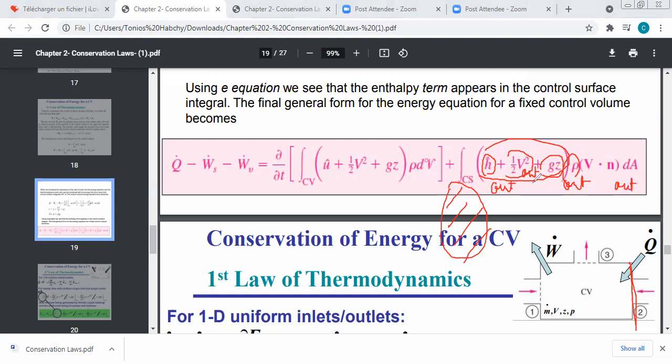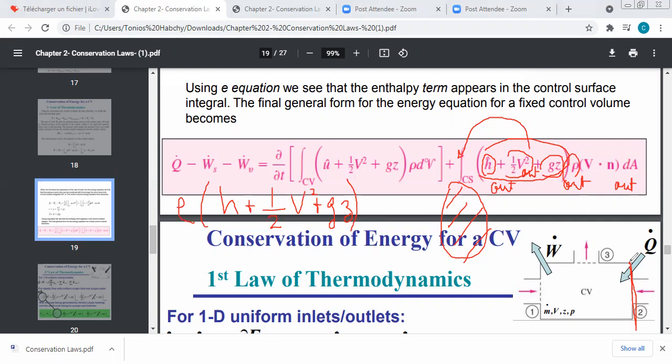As we said, we have uniform properties, so I will take them outside of the integral. So what do I obtain? I have rho times enthalpy plus half V square plus GZ, and I have times, for an outlet, V dot N.